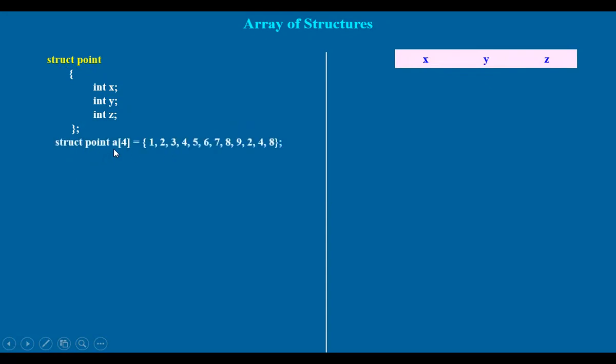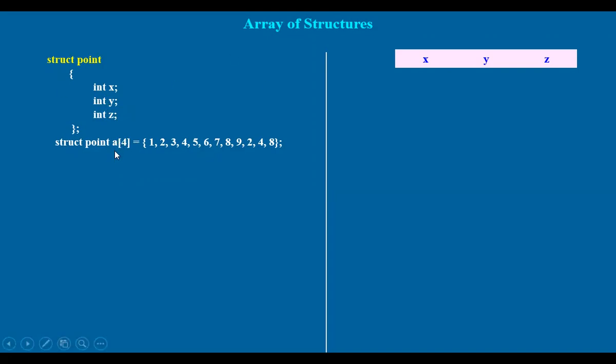Suppose I have taken A[4], like we have taken in the case of arrays, we put in brackets the number of values, and here the number of variables you are going to handle is put in the square brackets.